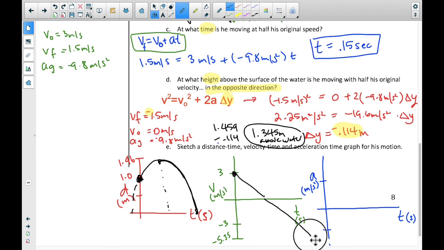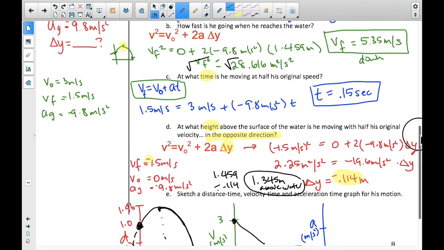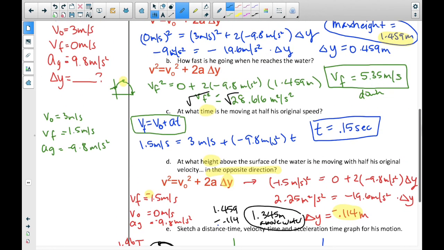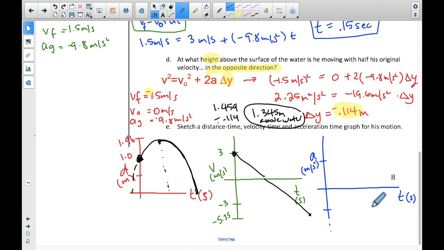And when we get down here, we get all the way down to negative 5.35, which we had also calculated up there, 5.35. The acceleration the whole time is negative 9.8 meters per second squared.